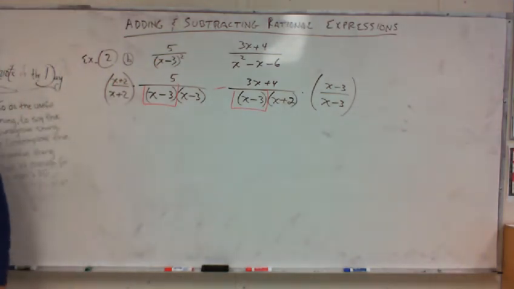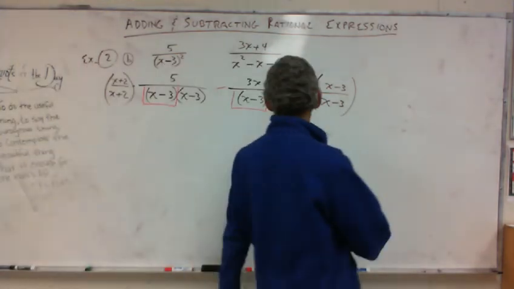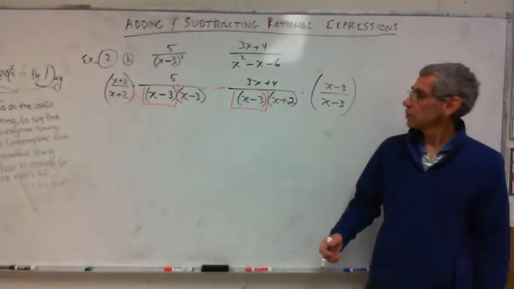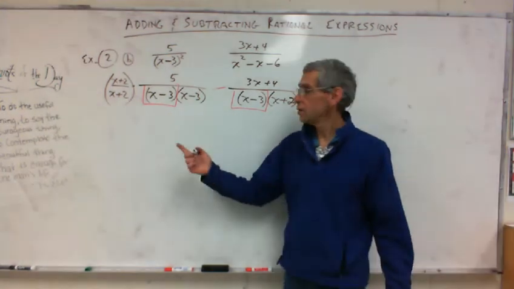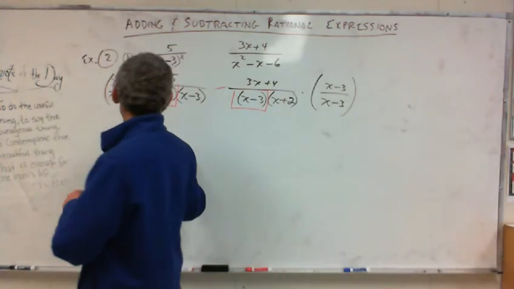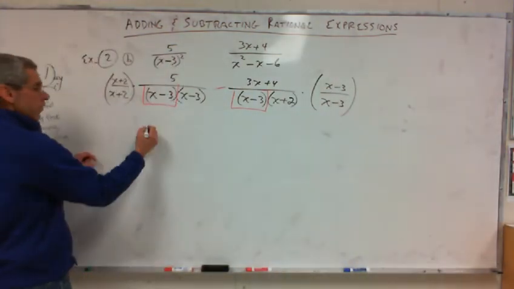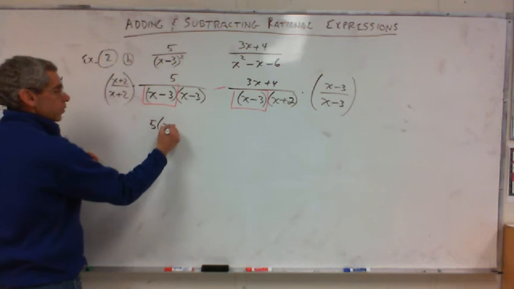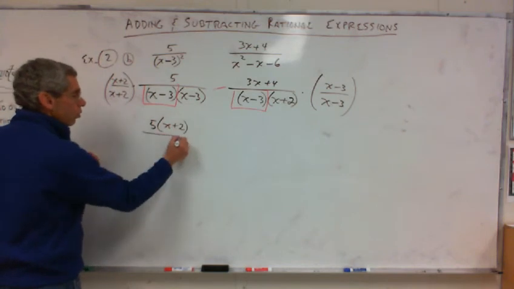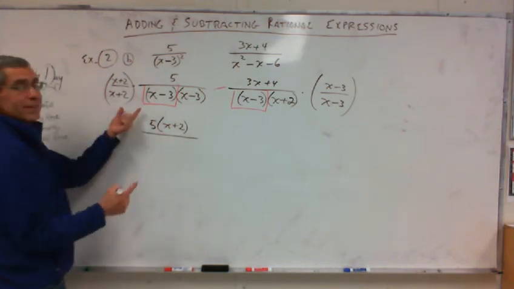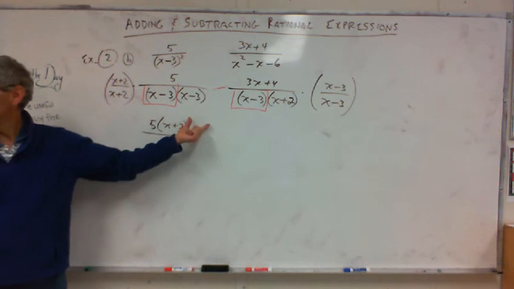I agree. Okay? So then what you do is you just put them together now. So watch, I'm going to have 5 times x plus 2, times x plus 2, over, and I'm going to write them. I am not going to multiply these out.